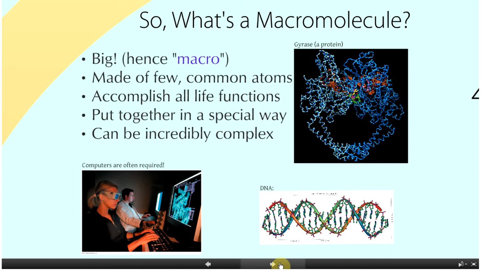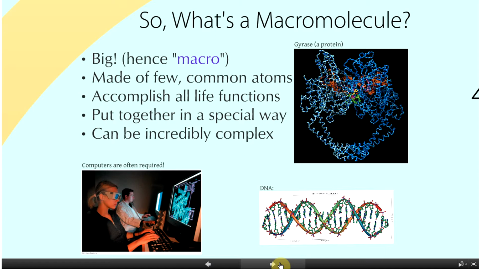Different macromolecules will contain the 6 major elements found in living organisms, CHNOPS: carbon, hydrogen, nitrogen, oxygen, phosphorus, and sulfur. The different combinations and bonding between those atoms will give us a particular macromolecule that has a certain structure and thus a certain function.